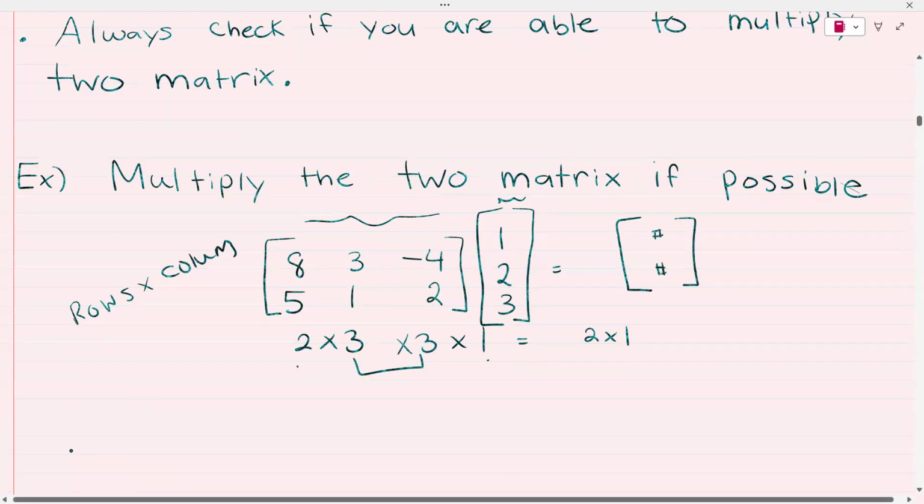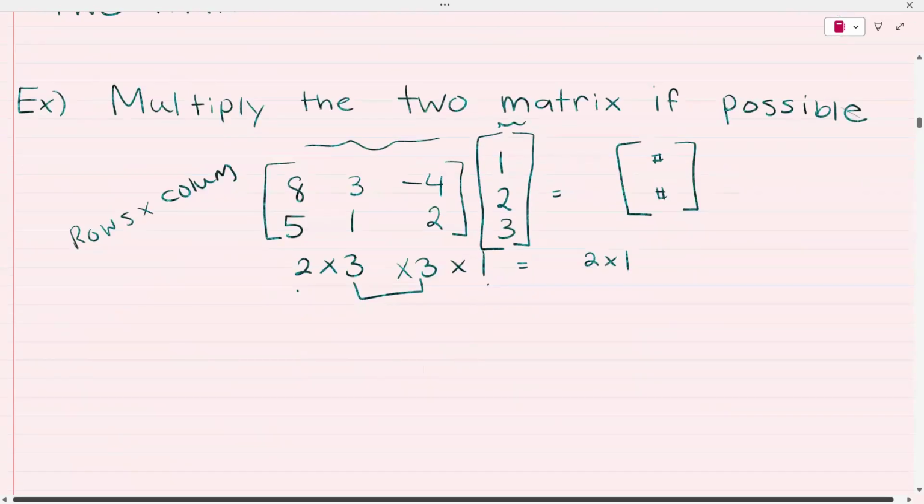So what do we put in these entries? You kind of have to do this visually. You multiply this row by this column, and whatever that answer is, you put it here. Then you do the second row multiplied by the column, and whatever that answer is, you put it here.